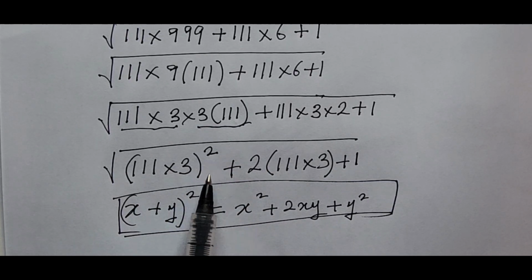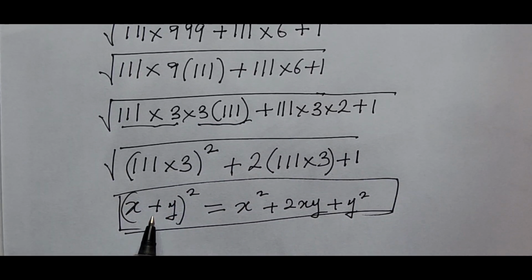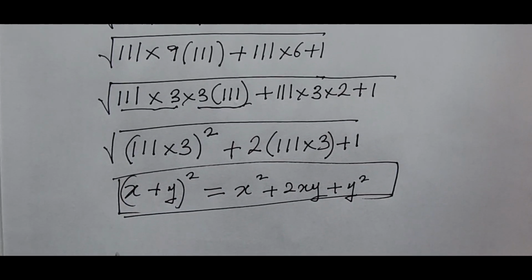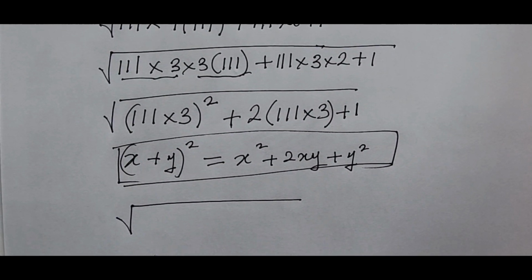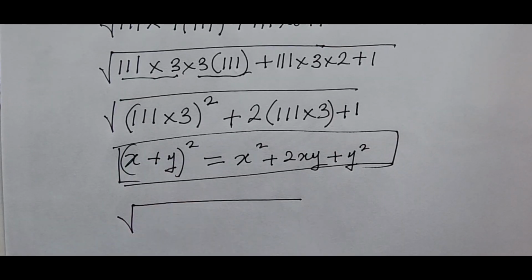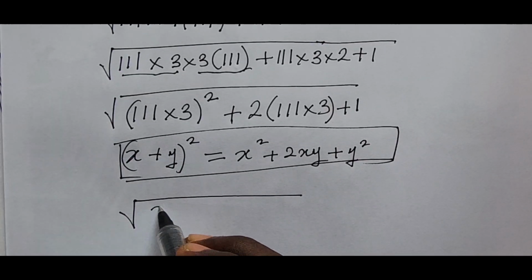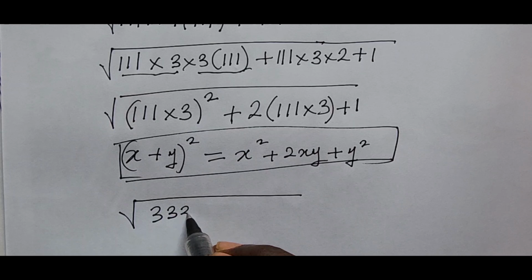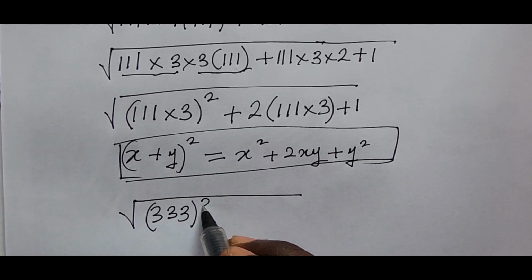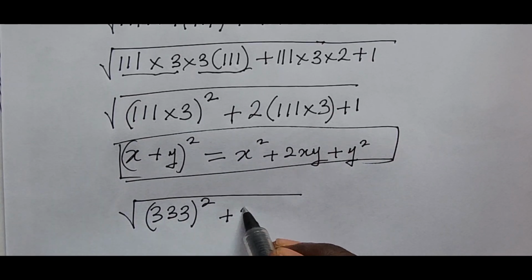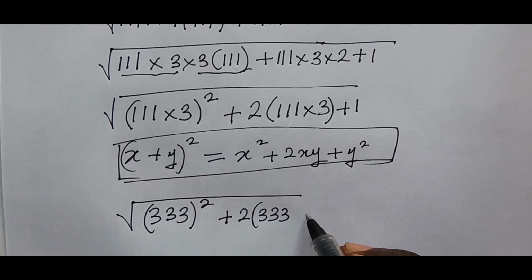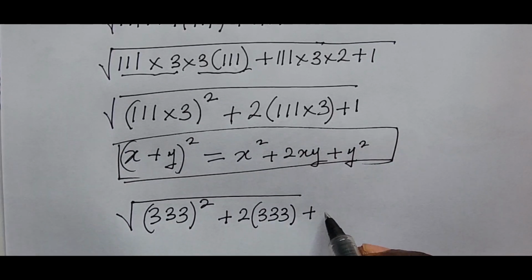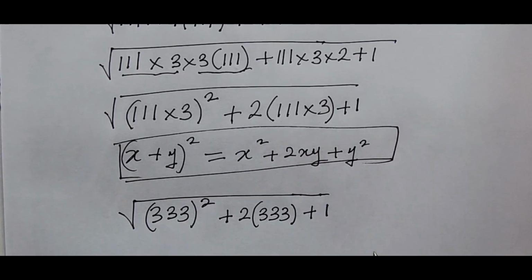So let's rewrite this in this format. So rewriting this in this format means that our square root, if we multiply out, this will give us the square root of our 333 all raised to the power of 2 plus 2 into 333 close bracket plus our 1, right?